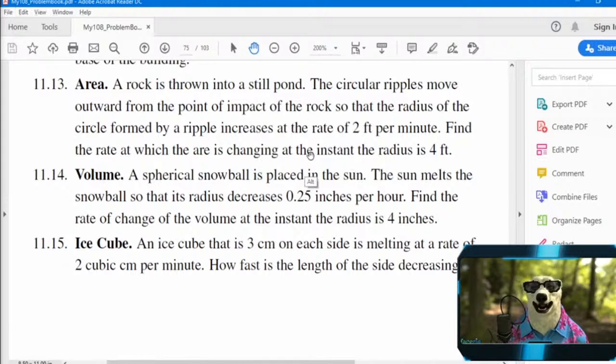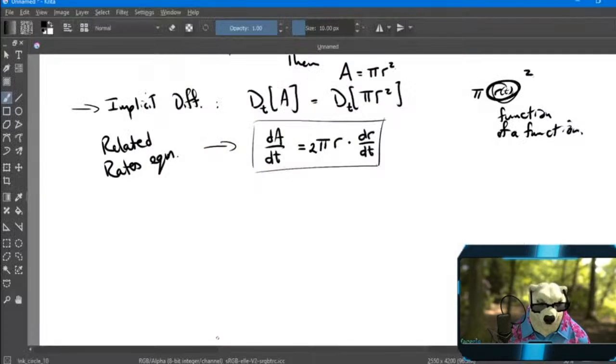The question talks about rates of change, which means I need to understand how the rates of change of the radius and the area relate to each other. So the whole implicit differentiation thing, all of this was to get to this equation in the box, the related rates equation.